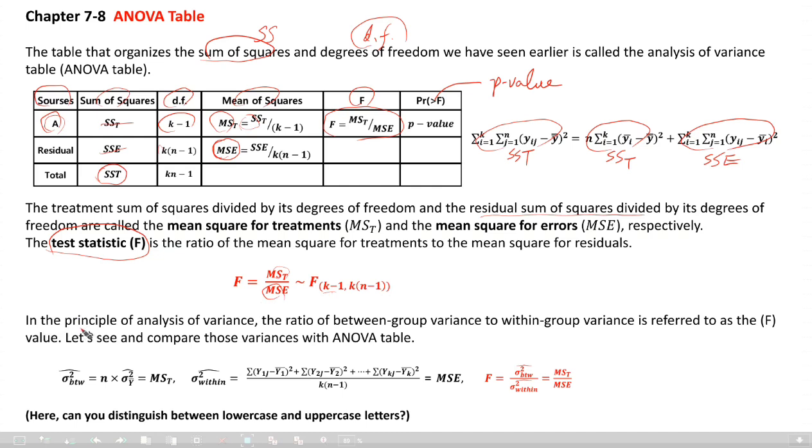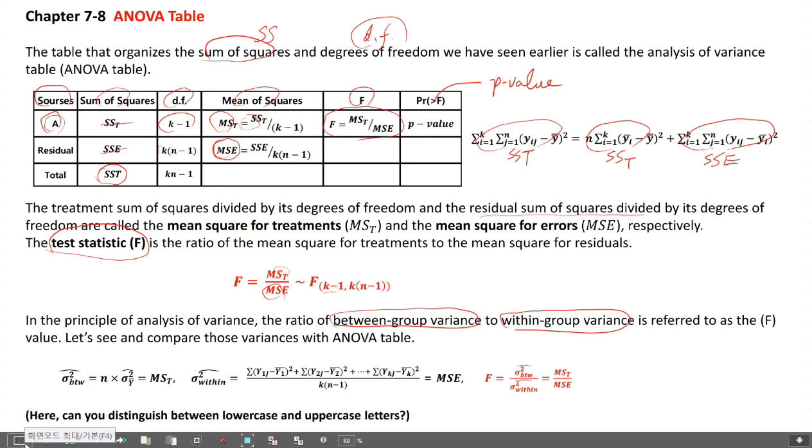In the principle of analysis of variance, previously in this lecture, we use the ratio of between group variance to within group variance as the test statistic. It's referred to as the F value. Let's see what matches these with the ANOVA table.